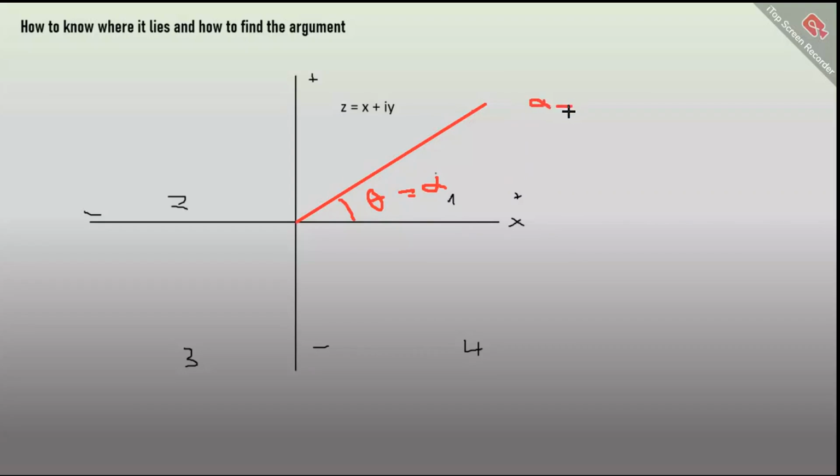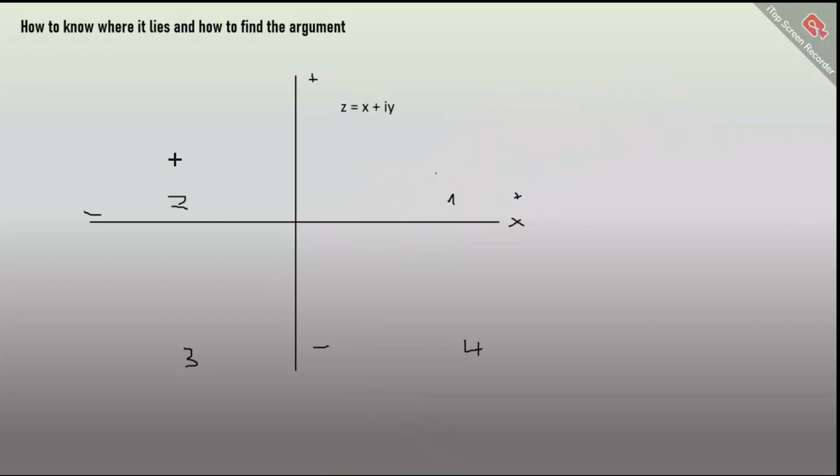Alpha is given by tan inverse of y divided by x, not x divided by y, but y divided by x. So we are saying in the first quadrant, theta is equal to alpha. Keep in mind.